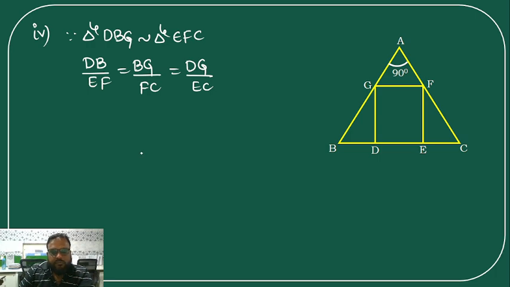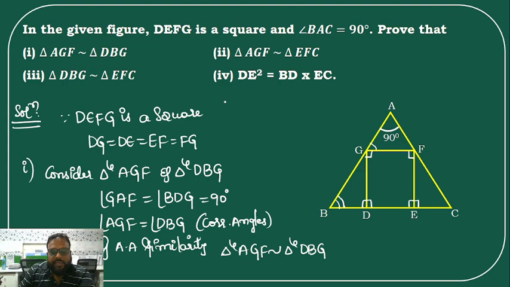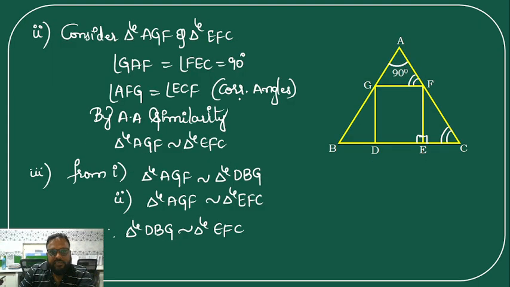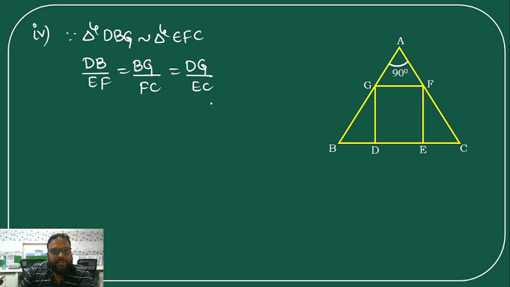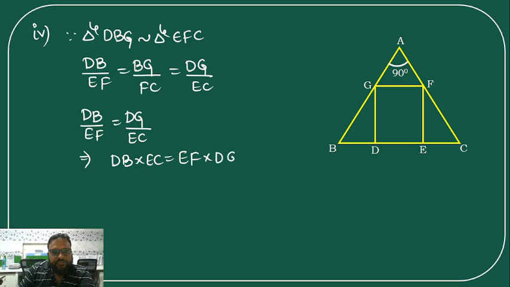Now let us check what we actually have to prove: DE square is equal to BD into EC. In that case, I will consider the first and last. That means DB by EF is equal to DG by EC. On cross multiplying, I will get DB into EC is equal to EF into DG.